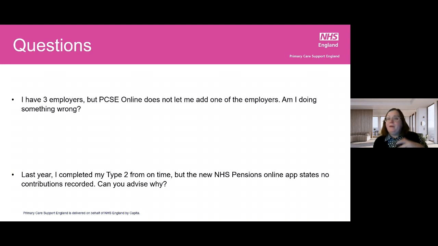One will be back to that thing again, it's the root of a lot of these issues, where the employment change in the PCSE online performer record either hasn't been completed, or if it has been completed and approved, the practice hasn't completed the pensions joiner element of the notifications through PCSE Online. That's again the main reason for this.